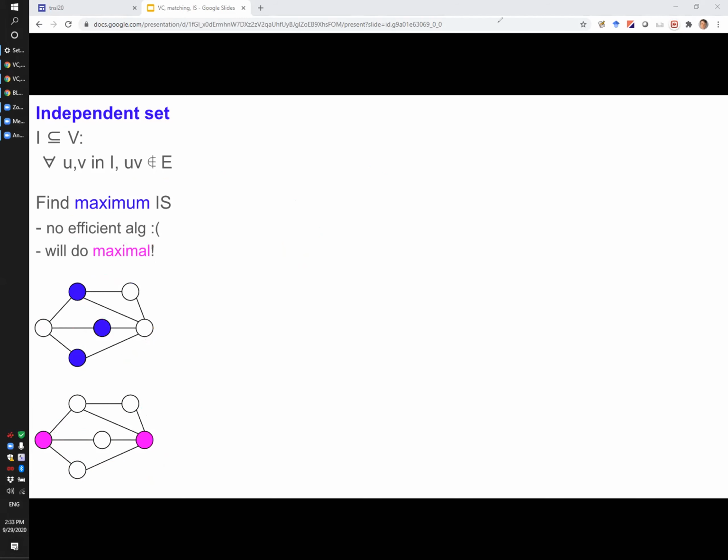Hence, your independent set is maximal. Again, not necessarily maximum, because as you can see here, you have only 2, but you could have as many as 3. So you are not getting the maximum, but you are getting a maximal. Same thing as with matchings, but with vertices instead of edges.